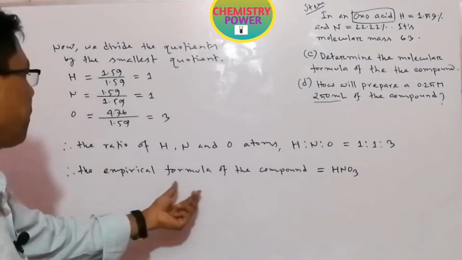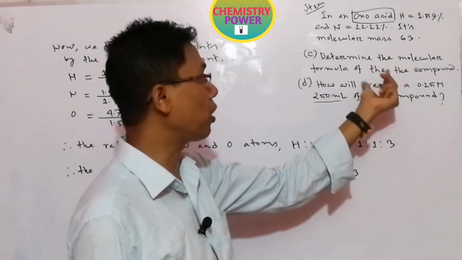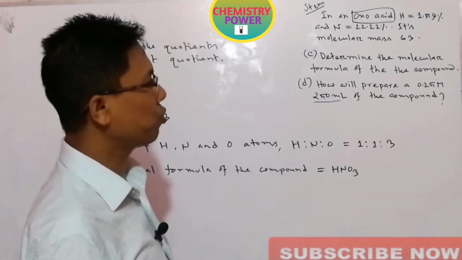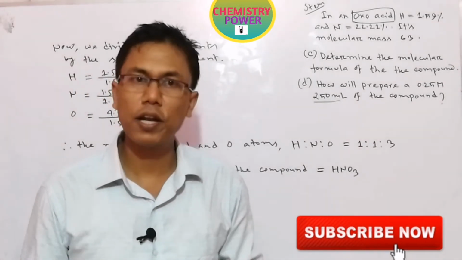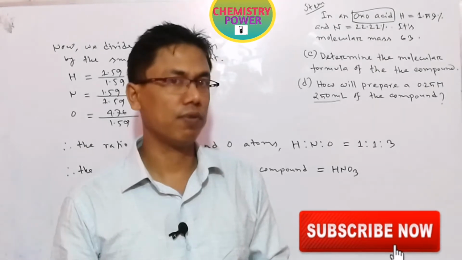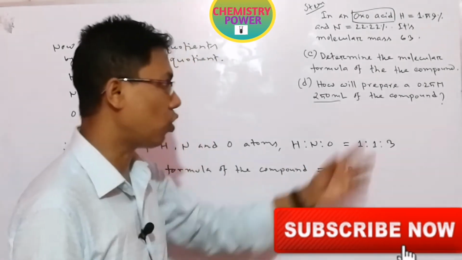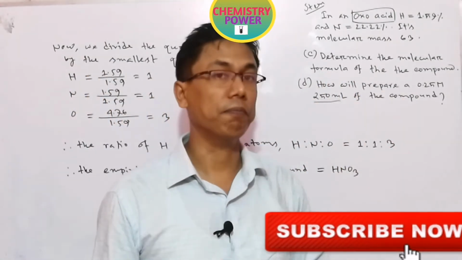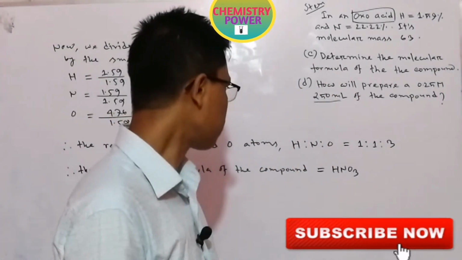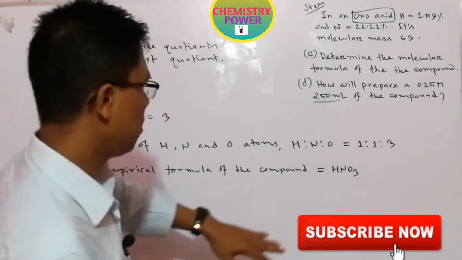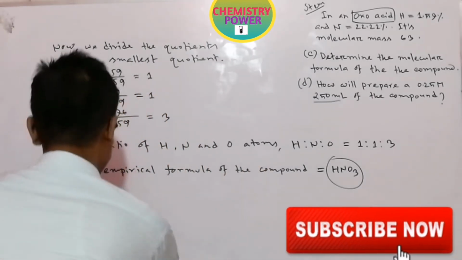So here the empirical formula of the compound is nitric acid, but you have to determine the molecular formula of the compound. Now you should remember one thing: if the mass of the empirical formula is equal to the molecular mass, then the molecular formula of the compound is the same as the empirical formula. So in this case, you have to find out the mass of the empirical formula.